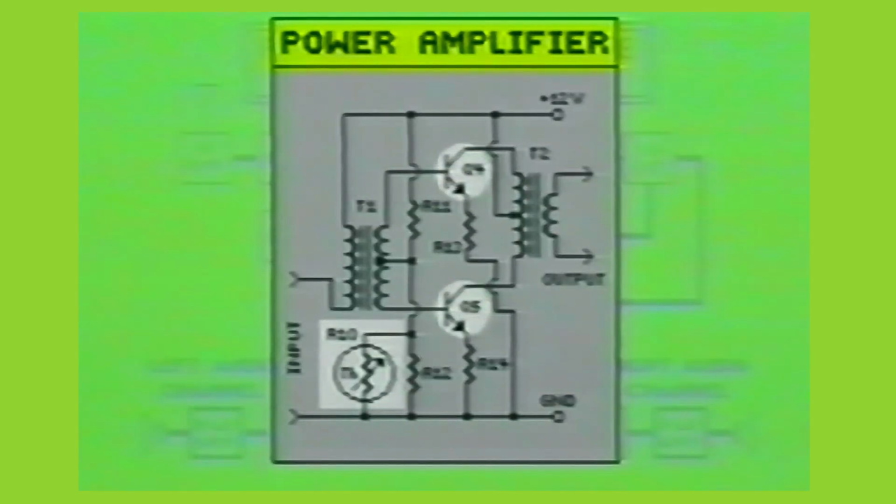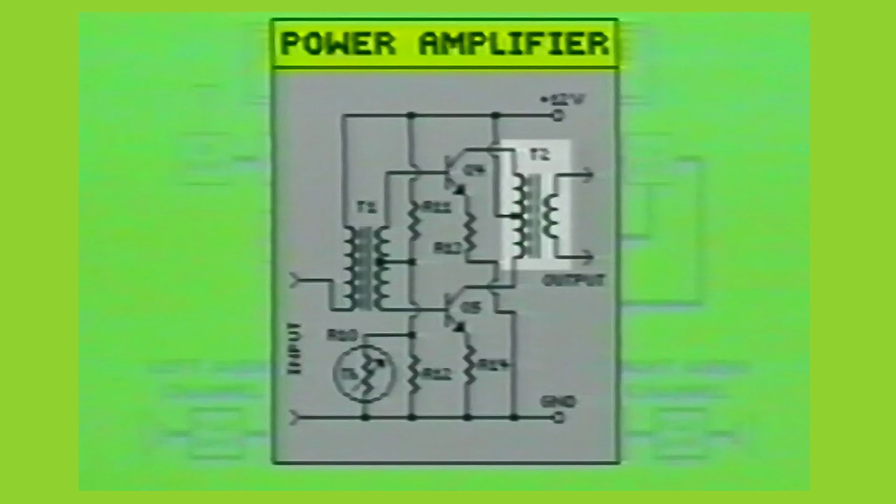As resistor R10 is heated by both transistors, its resistance lowers, thus reducing the flow of current to transistors Q4 and Q5, preventing thermal runaway. Audio transformer T2 is used to efficiently transfer power from this stage to either speakers or a separate, more powerful amplifier. In doing so, T2 effectively matches the impedance of this amplifier circuit to the impedance of the load.